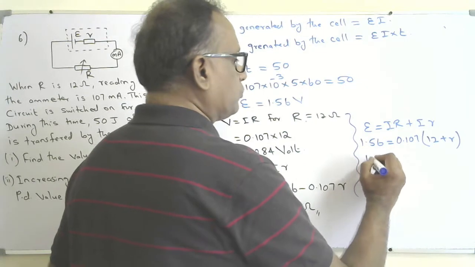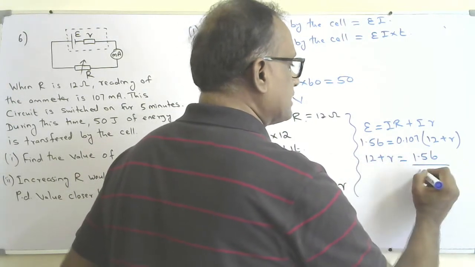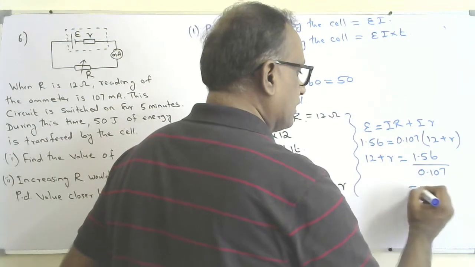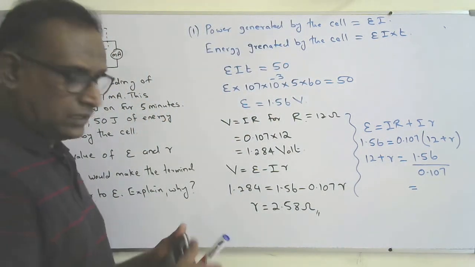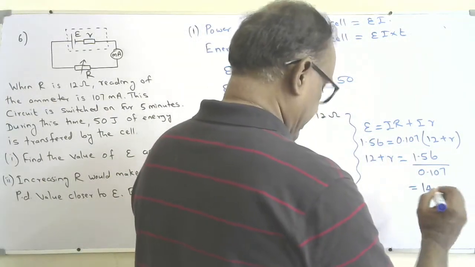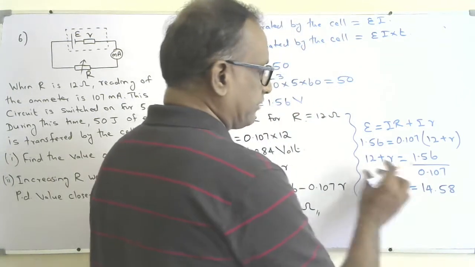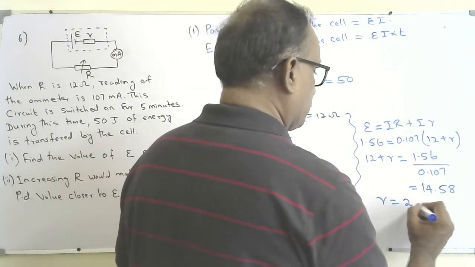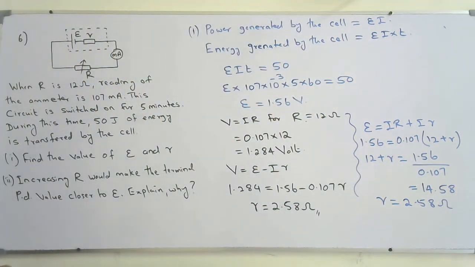So find the value of 12 plus r equal 1.56 divided by 0.107. Find it and hence find r. That will be 14.58. So r will be 14.58 minus 12. So 2.58 ohms. Same answer, you get it. Either way you can do.